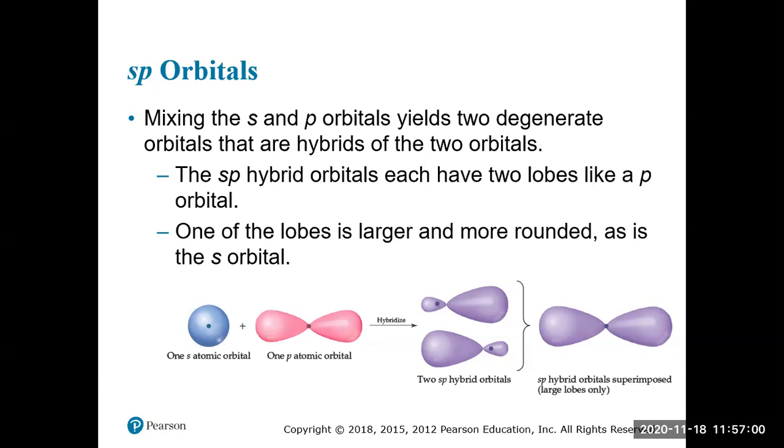Those are our two sp hybrid orbitals, okay? Remember, we're going to have two orbitals now instead of a separate s orbital and a separate p orbital. So we've got two orbitals that are the combination of those. If we overlay them, it looks like a bigger version of the p orbital.